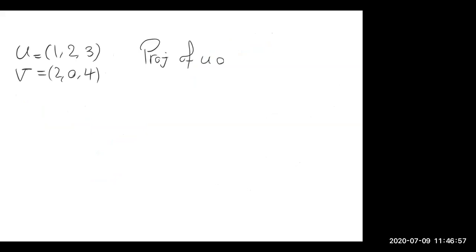So if we have two vectors, 1, 2, 3 and 2, 0, 4, where this is U and this is V, and we are looking for the projection of U onto V, it would be the inner product of U and V over the length of V squared times V. What is the inner product of U and V?